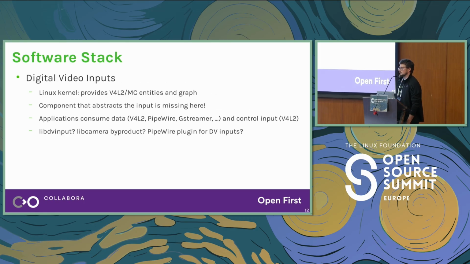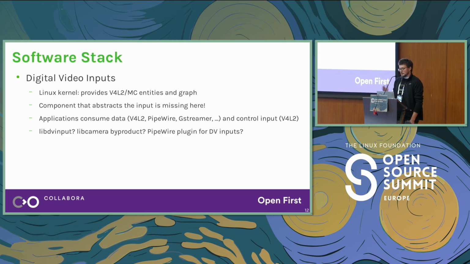With respect to digital video inputs, again, this is just from my personal experience, a big thing. Again, we have the Linux kernel that provides the Video for Linux entities, the media control entities and the graph. But then there's no component that abstracts everything into a logical HDMI input, for instance, or DisplayPort input.